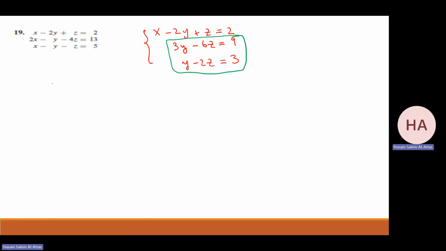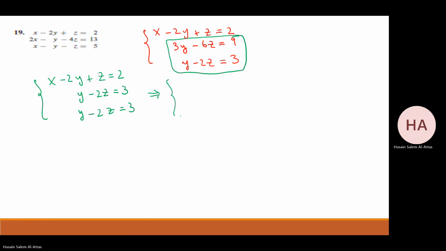So I have this system, x minus 2y plus z equals 2, and I divide by 3, so I have y minus 2z equals 3. They have y minus 2z equals 3. They are the same. So let me multiply the second equation by minus 1 and add it to the third one.